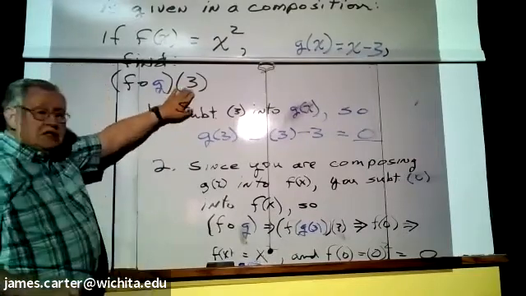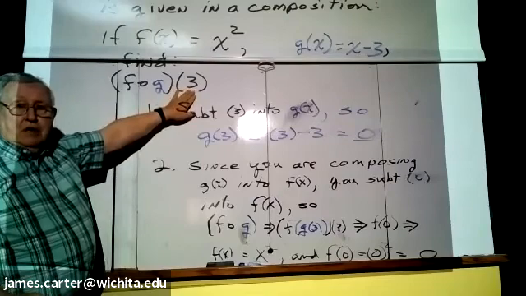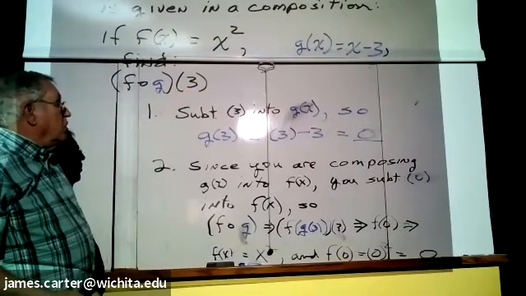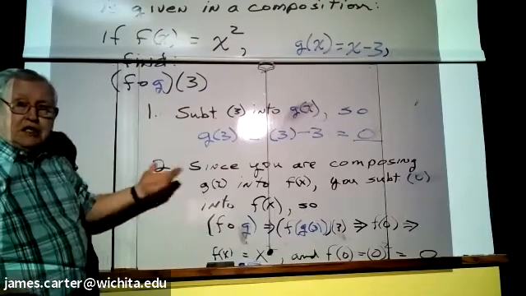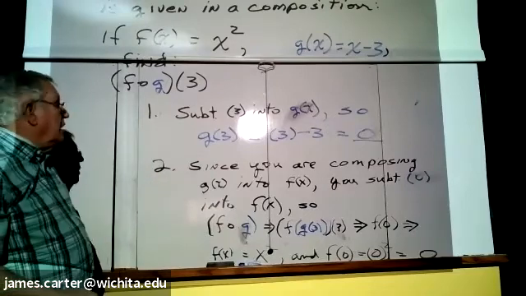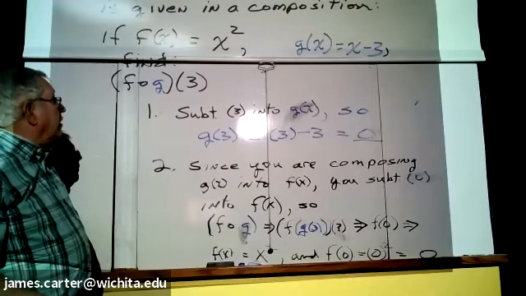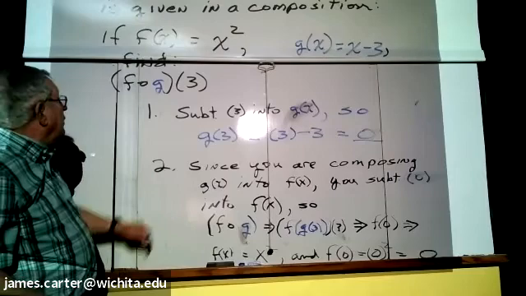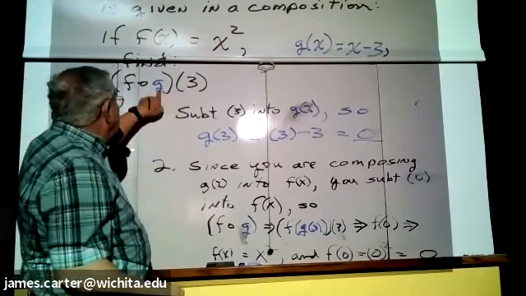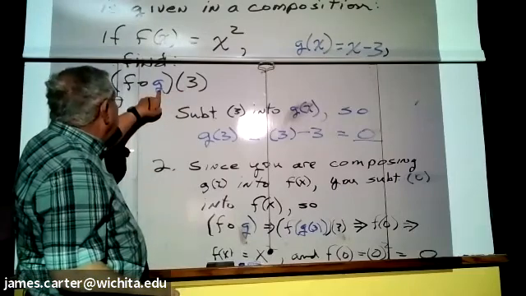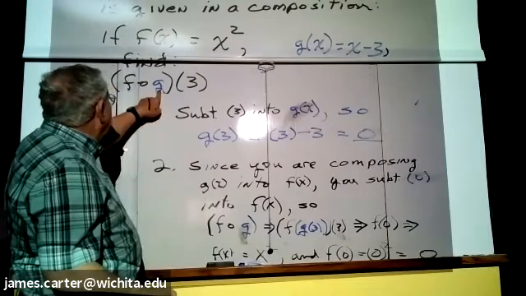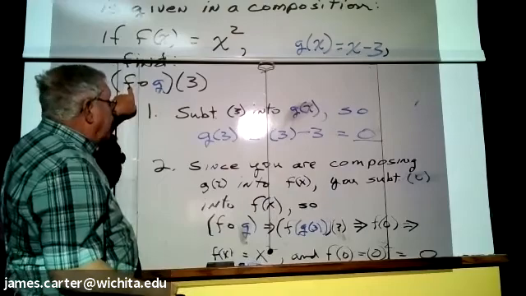Now, this is a little bit different than when you just have the equations. You can go ahead and work the equations and then substitute 3 at the end. But generally, it's more convenient if you take the 3, substitute it for g, get an answer, and then take that answer into f.